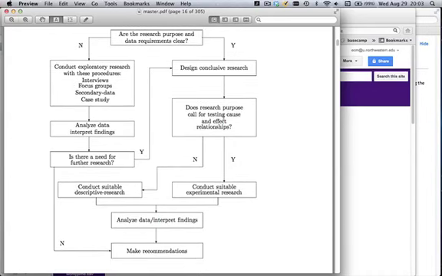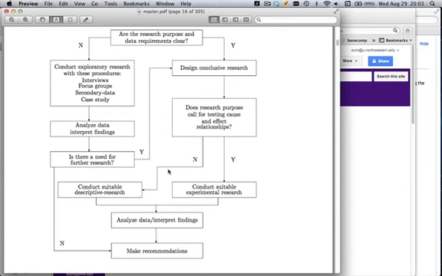Along this path, you want to ask yourself, does the purpose call for measuring cause and effect? And if that's the case, you're going to need a causal design, otherwise you'll just do some descriptive. One other point that often confuses students is that causal designs often involve a descriptive component.